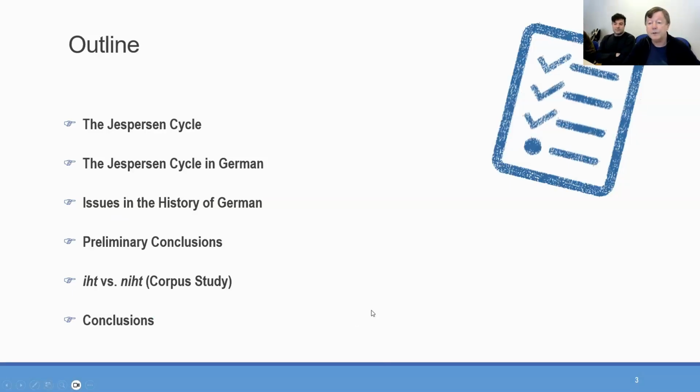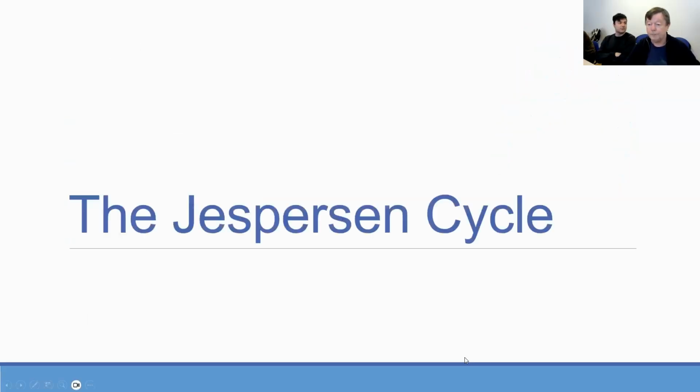I will first introduce the Jespersen cycle in general and then the cycle in German, and then present some problematic issues with the Jespersen cycle in German and draw some preliminary conclusions. Then Farbod will present his corpus study on ne and niht and draw the final conclusions.